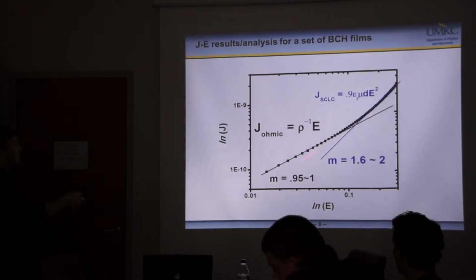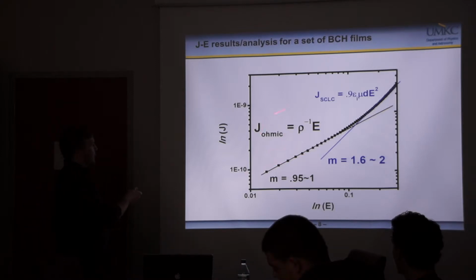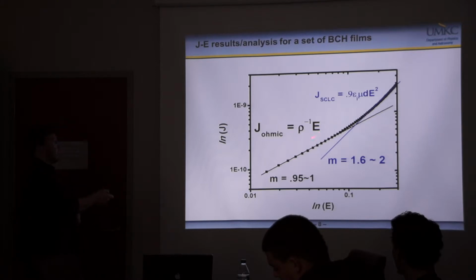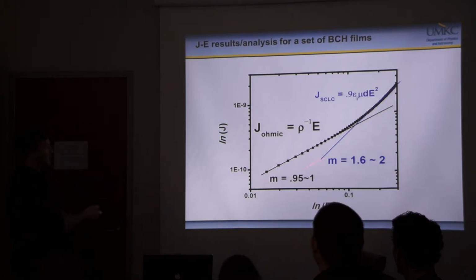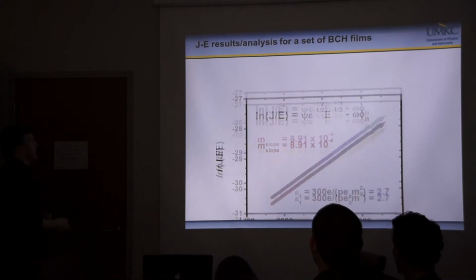Looking closer, we do an analysis of ohmic, and then space charge limited, which is going to be the E squared law. We can see with just one of these that the slope here is approximately 2, which shows space charge limited, and this is showing ohmic.